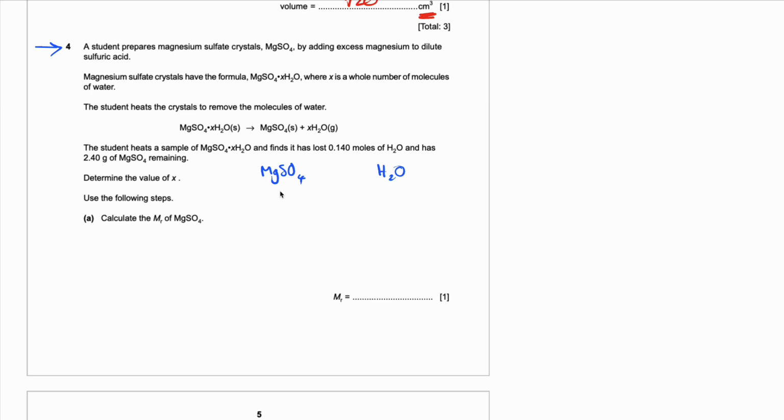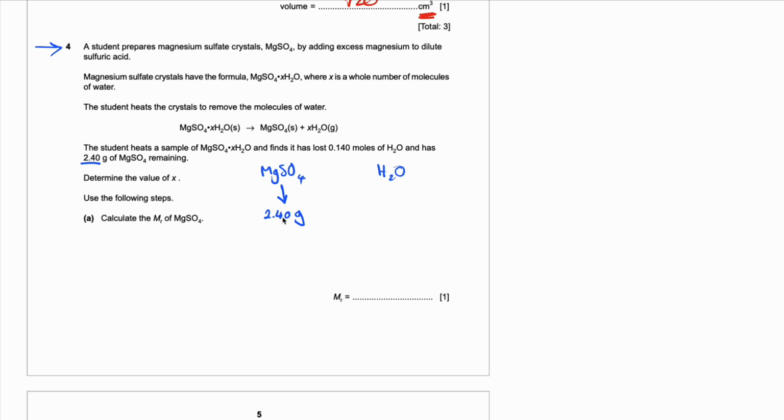Okay, here he started by giving you the grams of magnesium sulfate without water, after removal of water, and he told you that number of grams was 2.40. So we have 2.40 grams of magnesium sulfate after we heated it up and removed water.